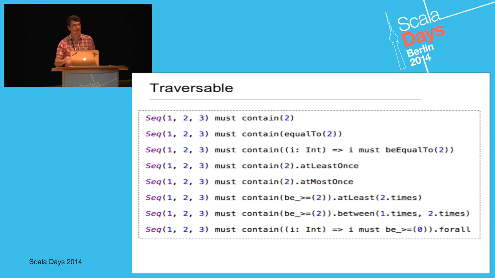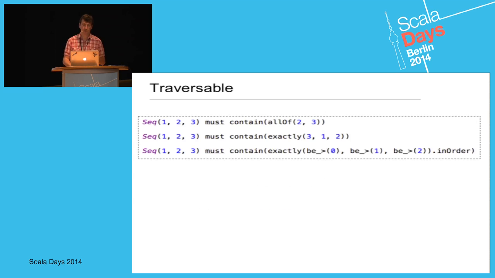So there's a small DSL for collection matching, which I think should cover most of your use cases if you need to match each individual element in the collection. There's another use case which looks very similar, but which is actually a bit different, is that sometimes you want to assert a property on the collection in its entirety.